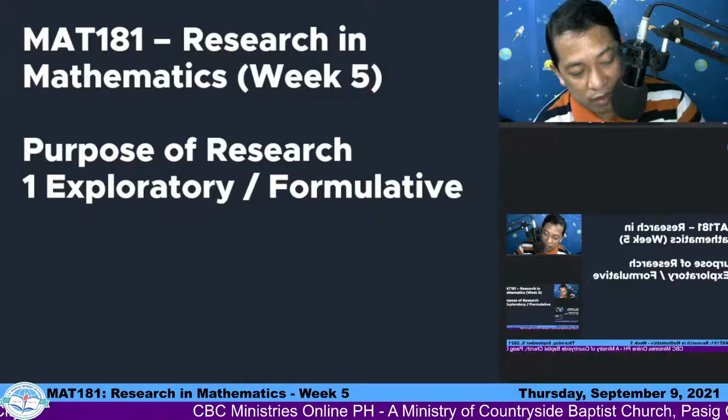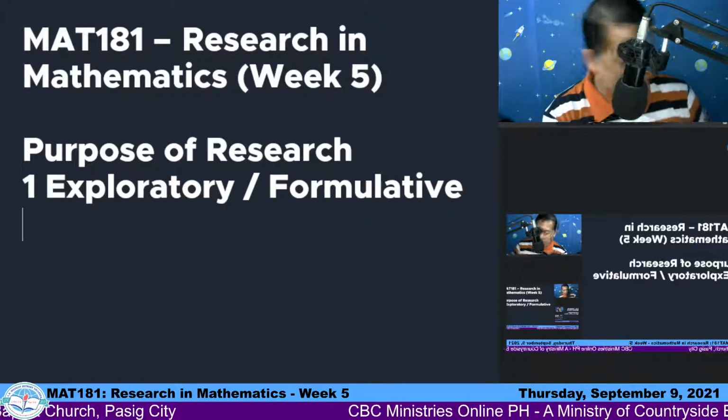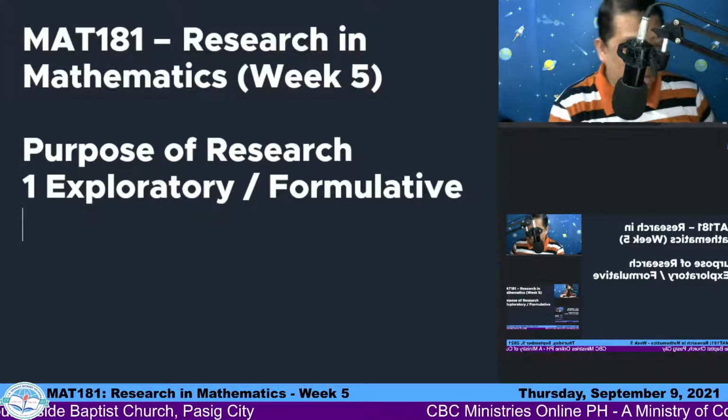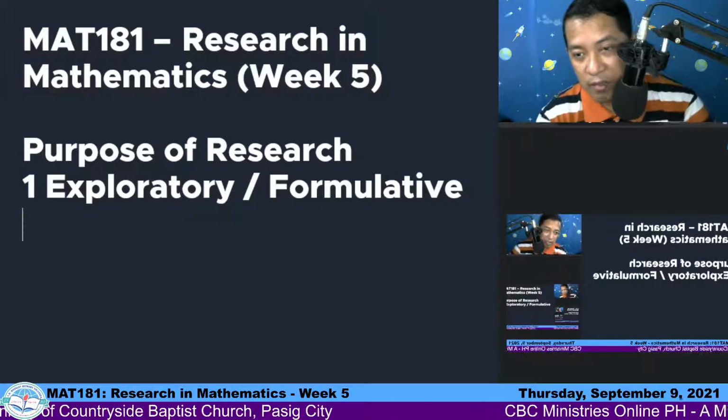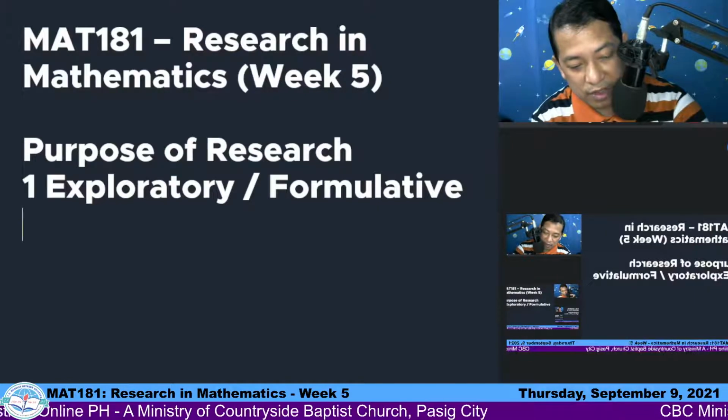According to our reference, the research goal is to formulate a more precise question. So exploratory research is intended for further research.